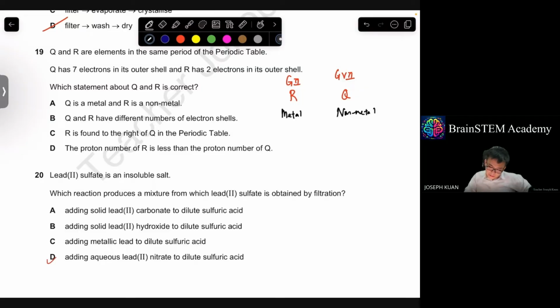They are both in the same period, so they must have the same number of electron shells. R is found on the left, Q is found on the right of the periodic table, so it must be D. R has a lower proton number than Q, because as you move across the period, you should expect proton number to increase. So D is the answer.